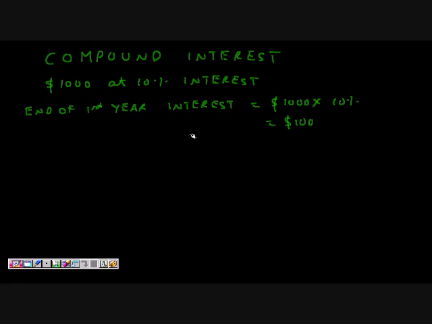So the total amount at the end of the first year is equal to $1,000, which is your original amount, plus the $100 in interest, which is $1,100. Okay, so that's the new amount.